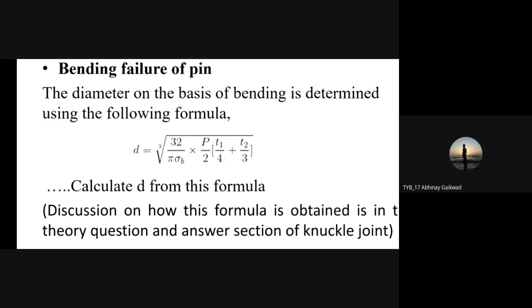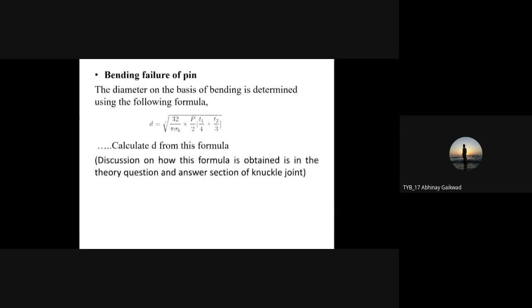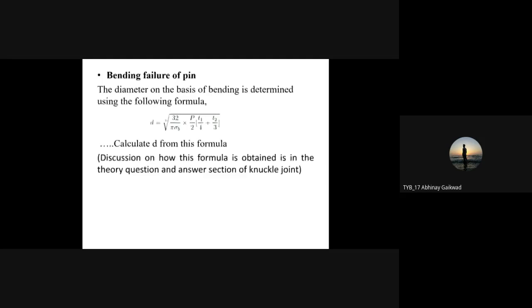And when you calculate the value of diameter d, small d of the pin, then we just have to check whether this value which we calculate by means of this formula is equal to or less than the value which we have calculated using the previous formula.